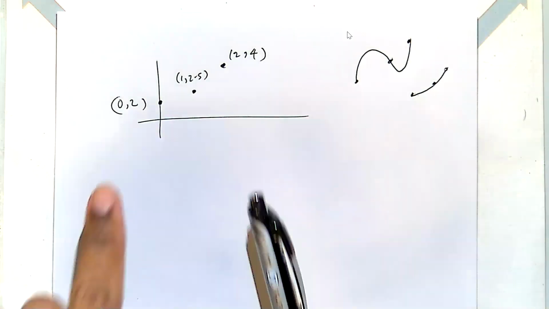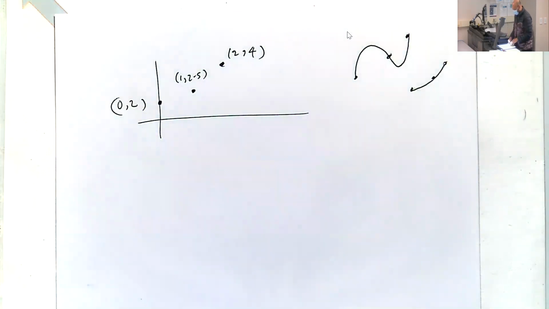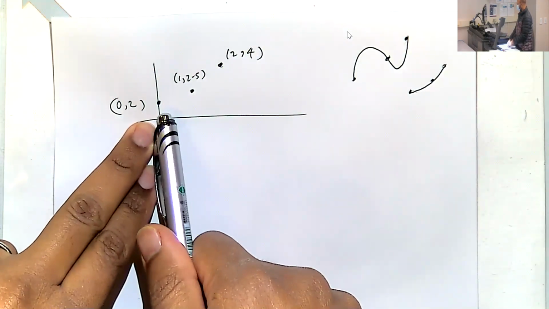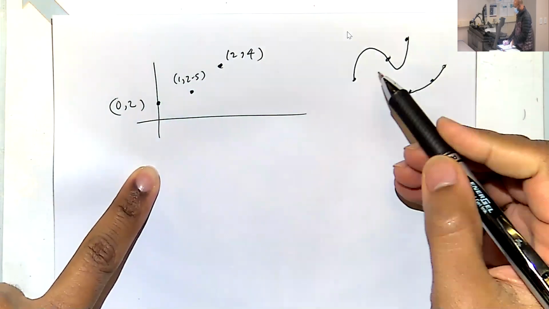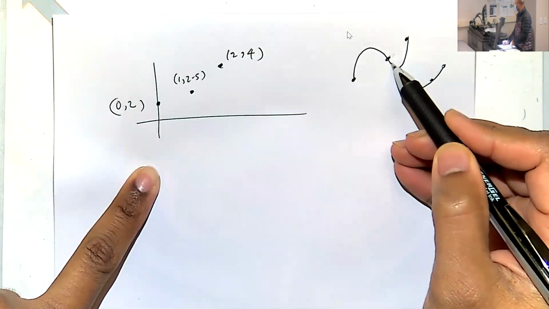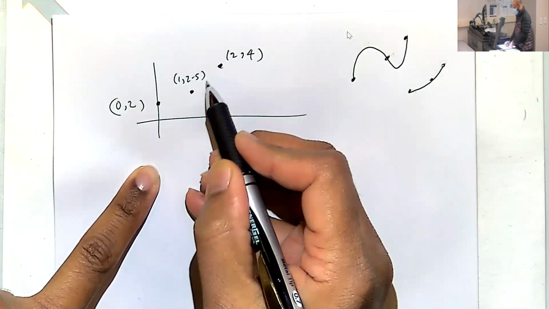So yeah, those are the 3 points that we are given. Let's say somebody gives you temperature every day: day 1, day 2, day 3. The temperature in between day 1 and day 2 might do something weird. We don't know that. All we have available are these 3 data points.